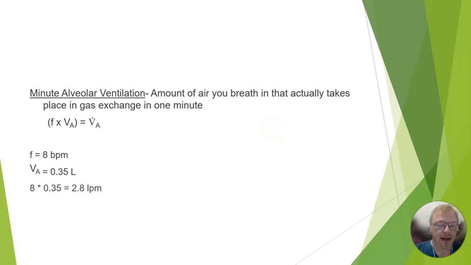So if I take that 8 times 0.35, I get 2.8 liters per minute, or 2,800 mLs. So remember, his total minute ventilation was 4 liters, but only 2.8 liters is actually getting to the alveoli.